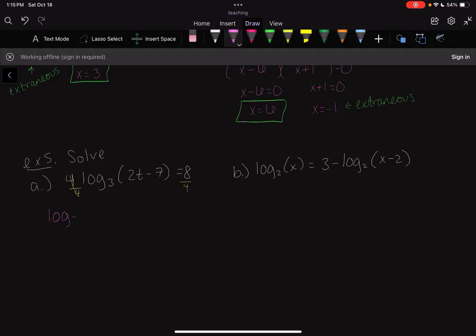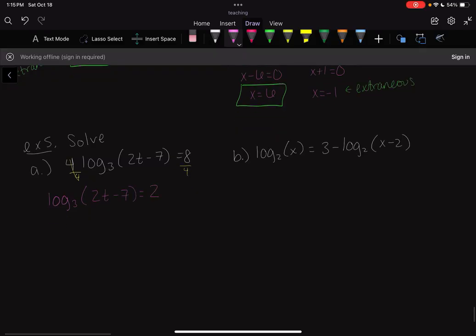So this becomes log base 3 of 2t minus 7 equals 2. And now I'm going to move to exponential form because that's the only way I can get this t out of those parentheses. So my base is 3.